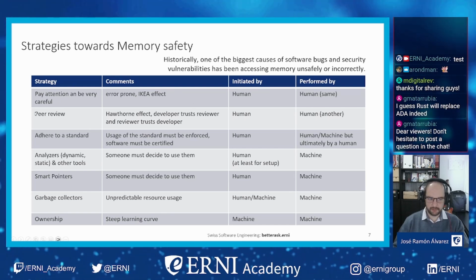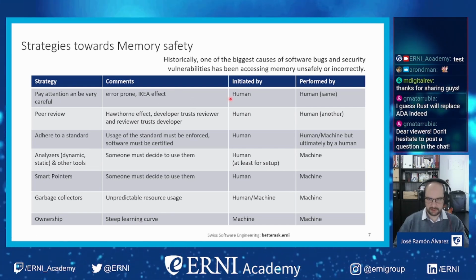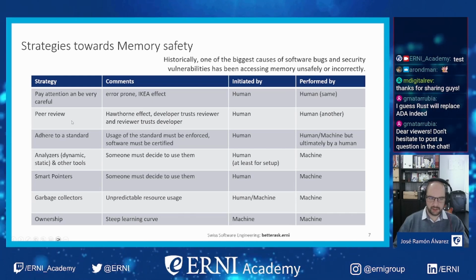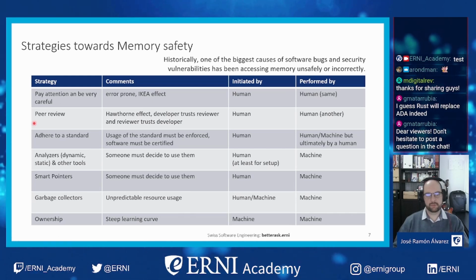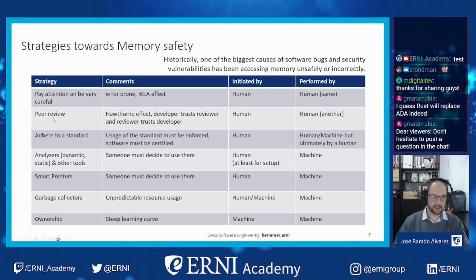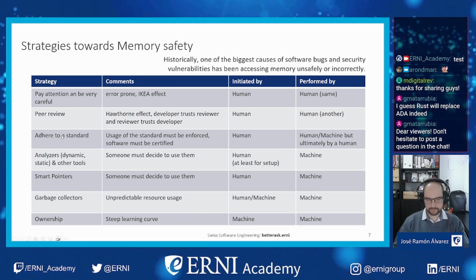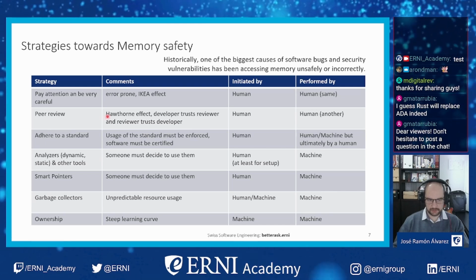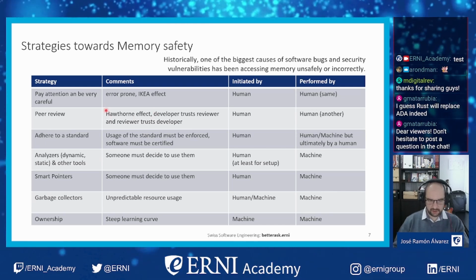So if the problem is that the human is the same, we can introduce a new human to review the code of the coder. So we have the reviewer and the coder, and that's called peer review. This is good because the Hawthorne effect arises.